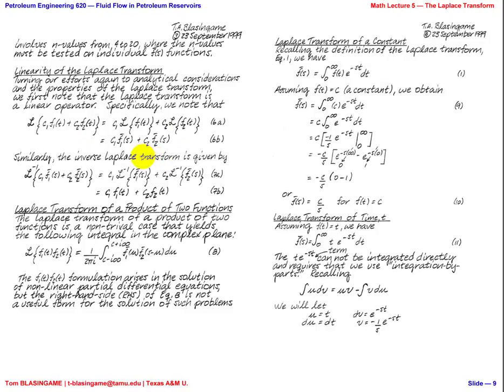When you need to denote a function that is expressed in the Laplace domain, you can use either s or u. Those are the two variables that you will see in the literature. Also, if a function is defined in the Laplace domain, you should always put this little hat, this bar, okay?